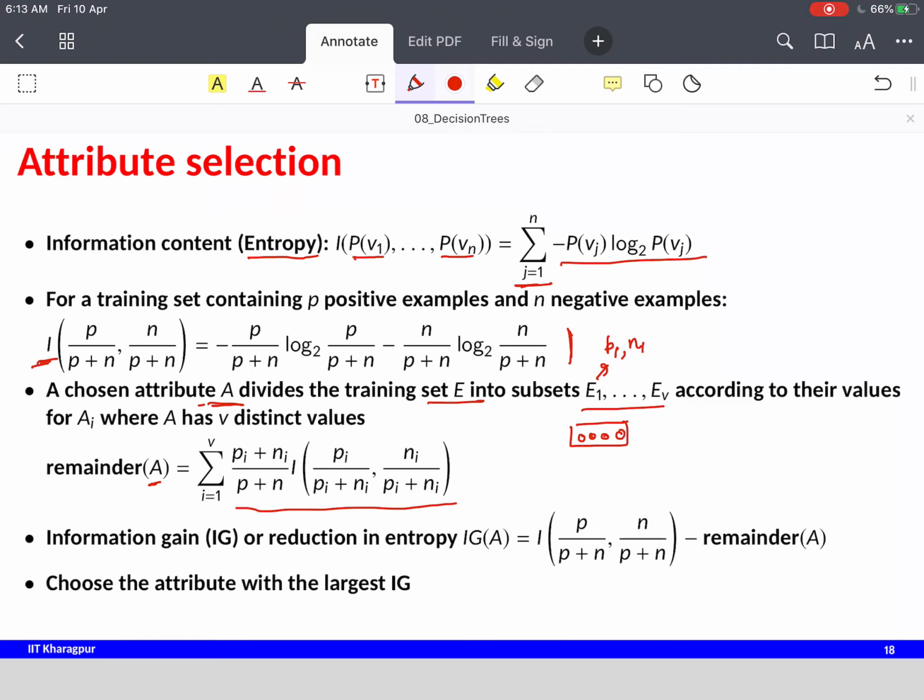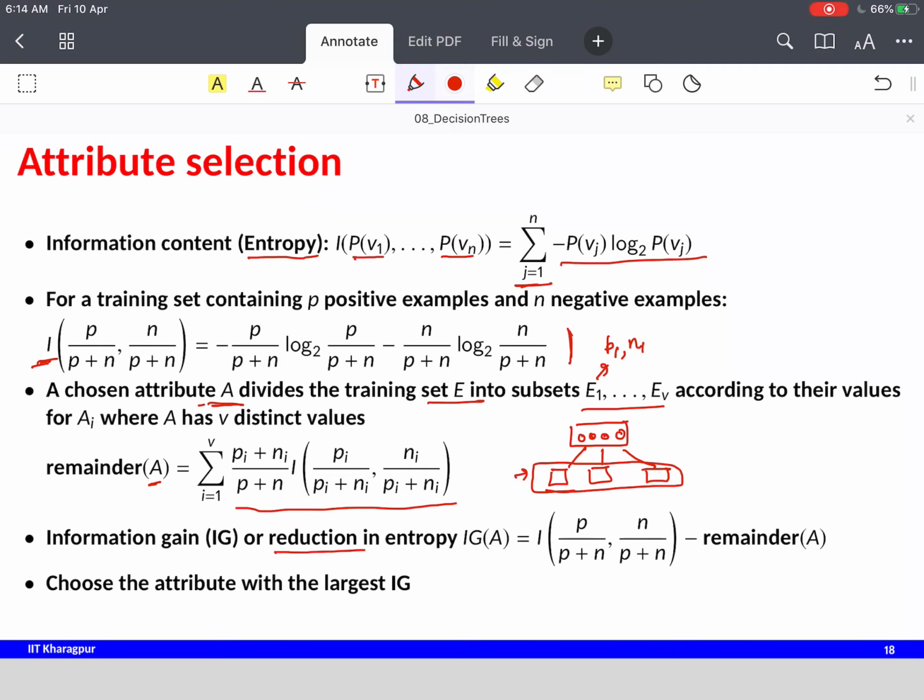Because if we choose attribute A, I have a set of examples, some observations here, and based on that attribute A, some will fall in this class, some will fall in that class, some will fall in that class. By looking into this, we would like to measure how much entropy remains at this level, that is, the remaining disorder once we partition with that attribute.